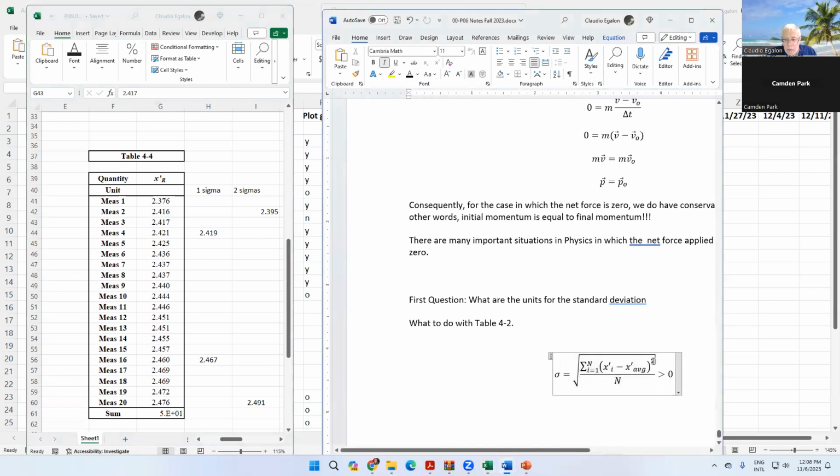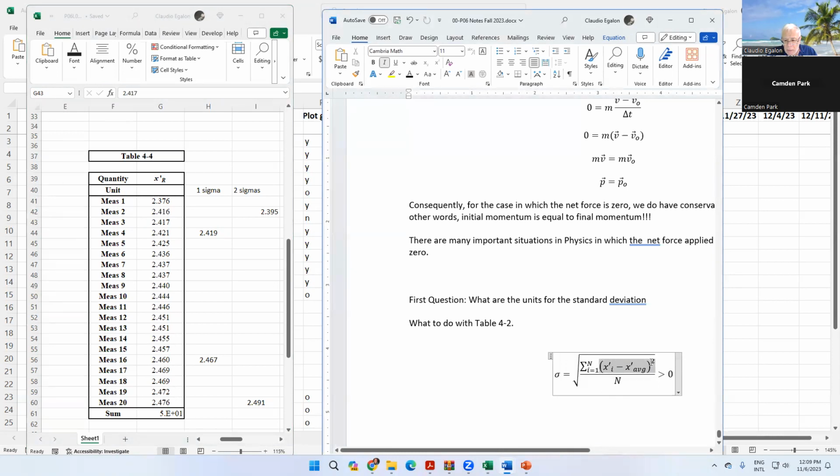What are the units of each of those terms? Meter squared. Because you're squaring, right? This one is meter. This one is meter. You're squaring the meter, so this is going to be meter squared, right?